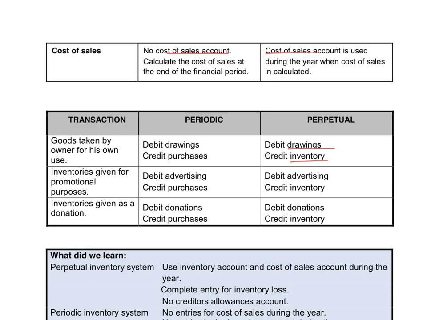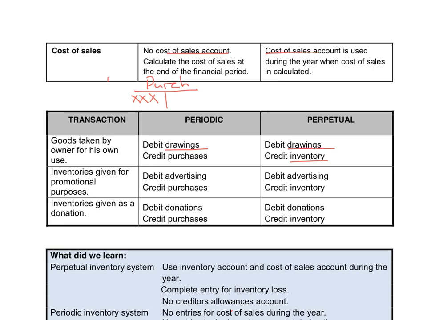In the periodic system, you will also debit drawings, but now you don't write in your inventory account. So when you bought the goods, you opened the account for purchases. And in the purchases account, you wrote the amount of all the goods that was purchased with the purpose of selling in the future.